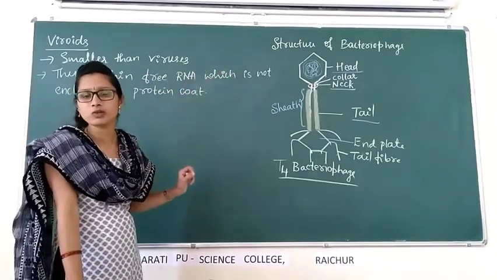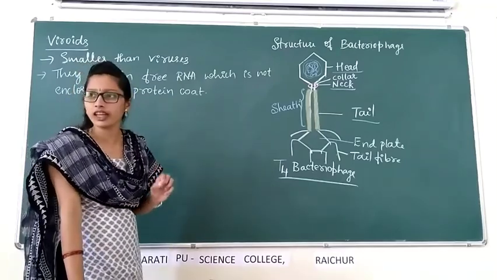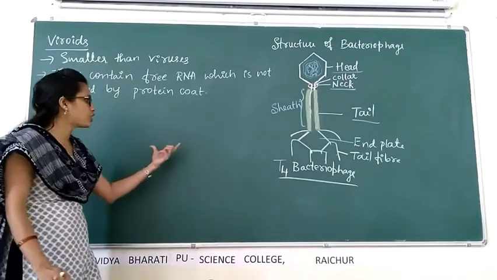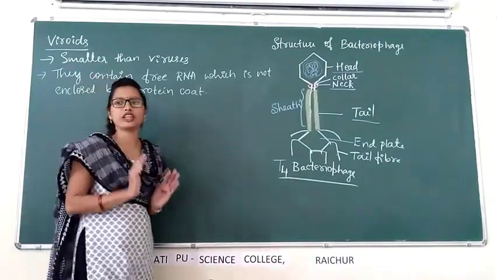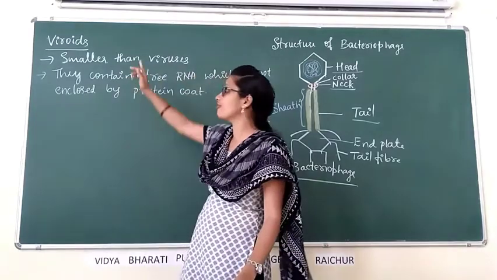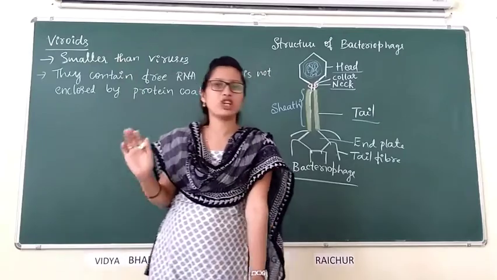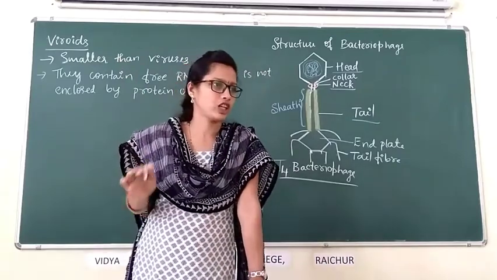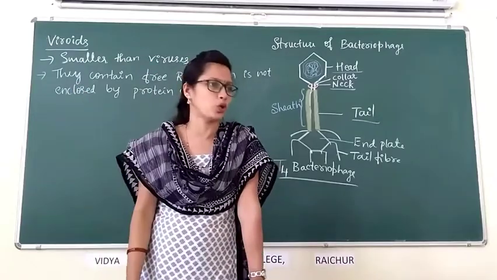The main difference between viroids and viruses is that in a virus, a protein coat always covers or encloses the genetic material, but in viroids, free RNA is present, meaning the genetic material is free. It is not bounded or covered by any protein coat.